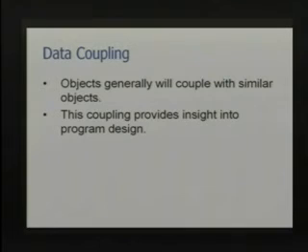And data coupling. Data coupling is interesting too. Let's say you have different objects. Generally, based on the design of the program, you're going to have some objects that work with certain objects and not with other ones. Let's say there are some objects that look at network traffic. So there's probably a network traffic object, and maybe a parser object is going to work closely together.